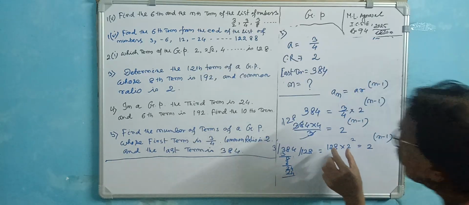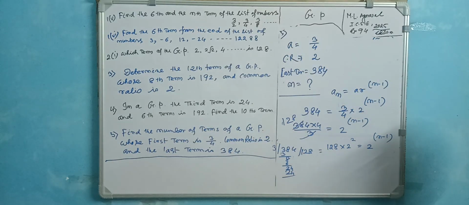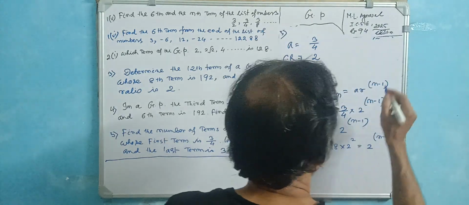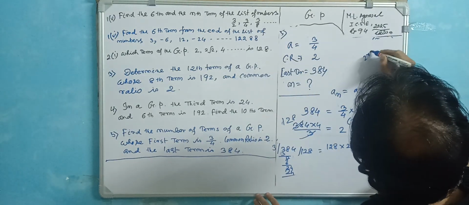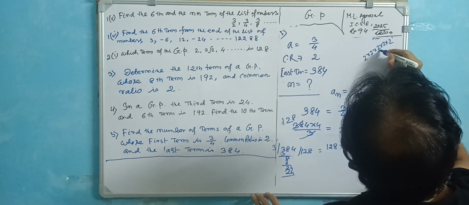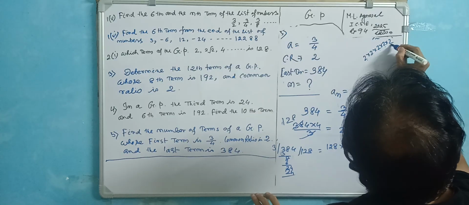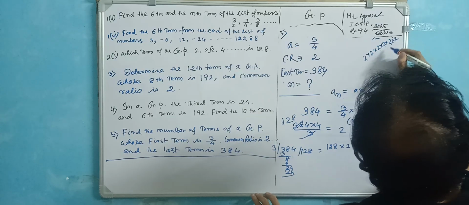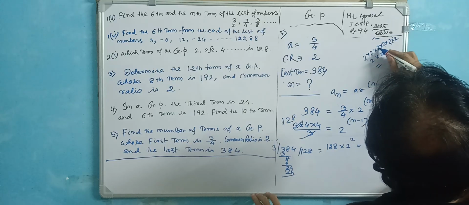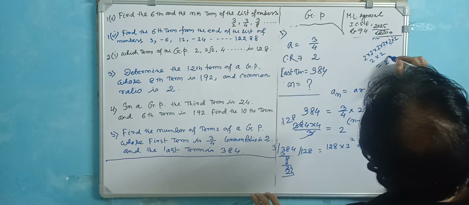Your target is to make the base a power of 2, because here it is 2. So 128 is actually how many powers? 2 into 2 into 2 into 2 into 2: 2, 4, 8, 16, 32, 64, and this. That means 1, 2, 3, 4, 5, 6, 7.